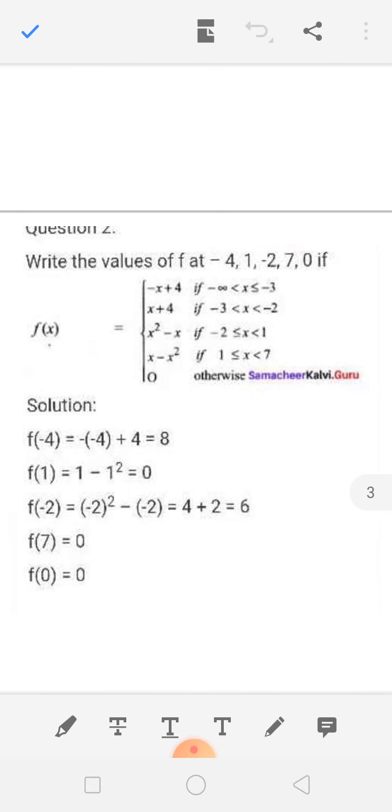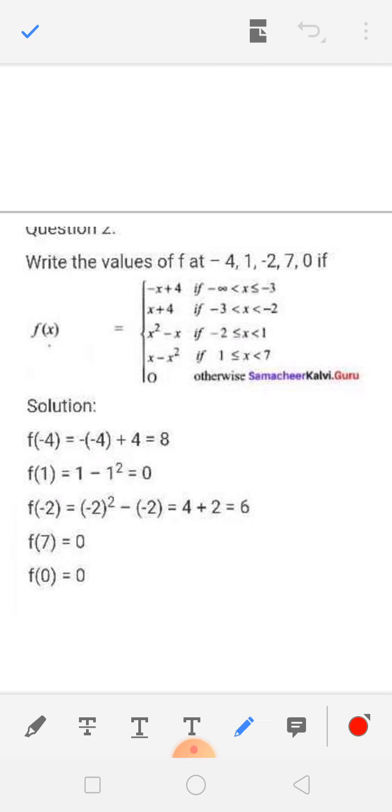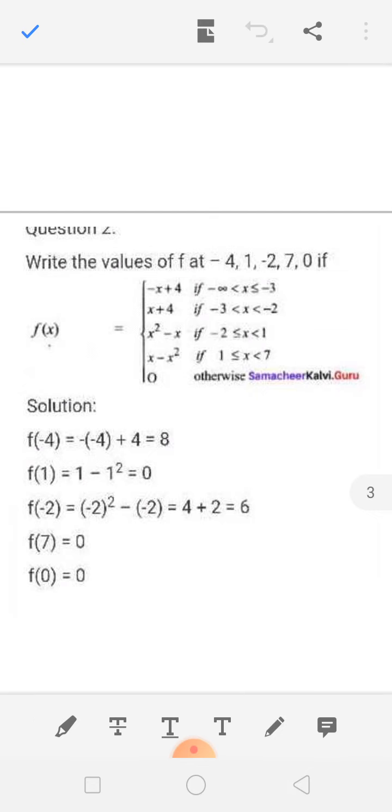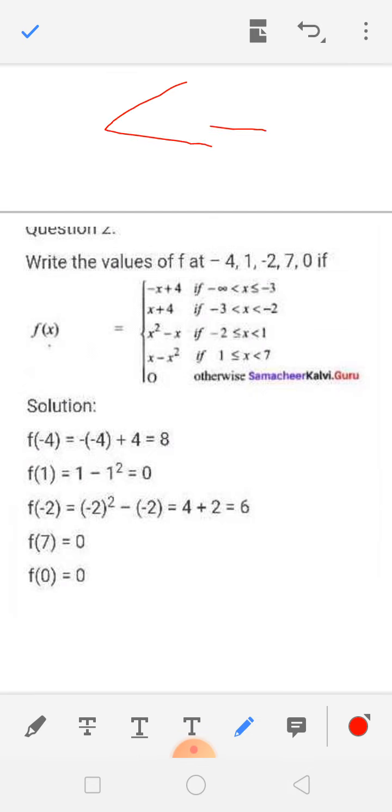Same, the next one is -2. Look here. Same here: less than -2, which means what? Not equal to here. They are mentioning only less than -2, which means before that -2 only.